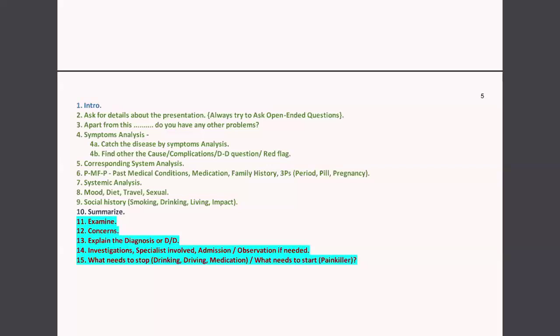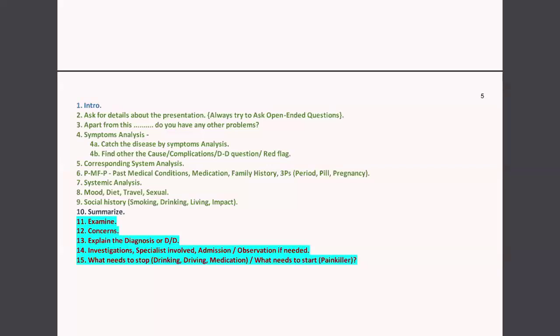And number 15 is also very important. You need to stop something. There is always something we need to stop, and there is always something we need to start, like for a vision problem, in a patient with vision problem, we need to stop the driving. We also need to give patients some advice regarding smoking if they are a smoker.